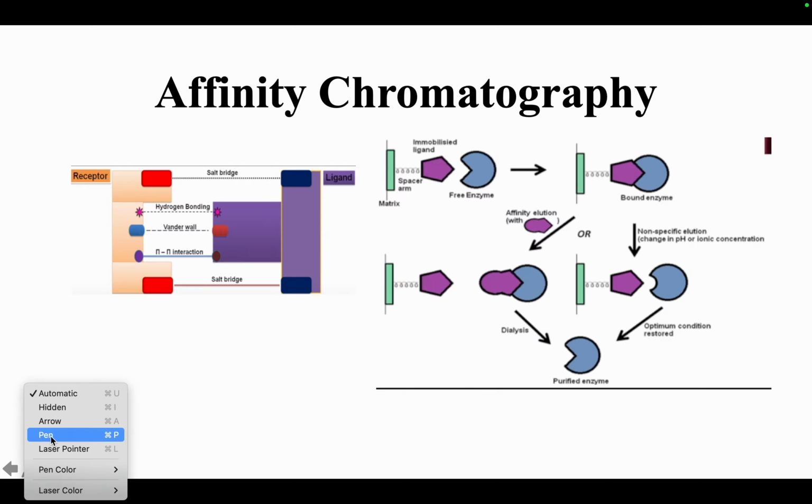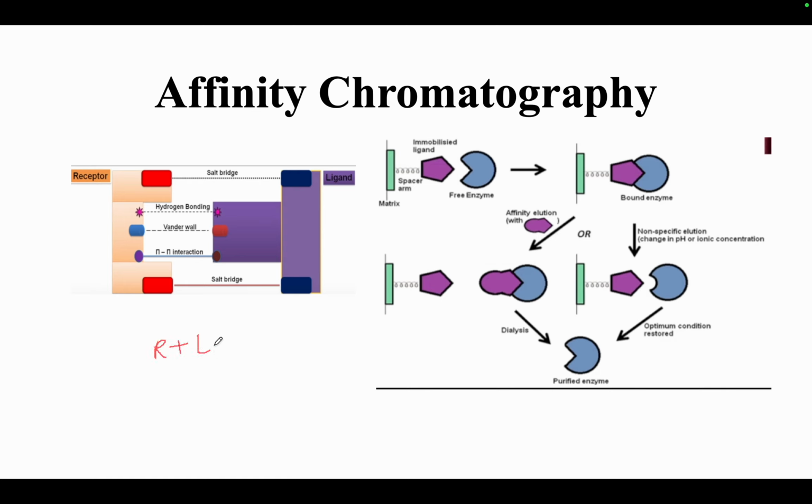Now this receptor ligand follows this. It will again depend upon the KD. So this is a receptor plus ligand. It will give a receptor ligand complex, right? So this is receptor, and the dissociation constant KD will be equal to the concentration of receptor times ligand upon the concentration of the complex.